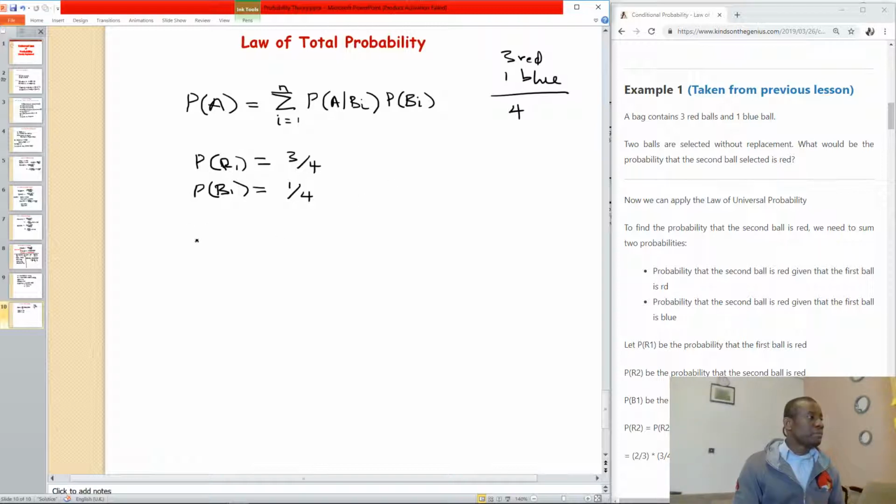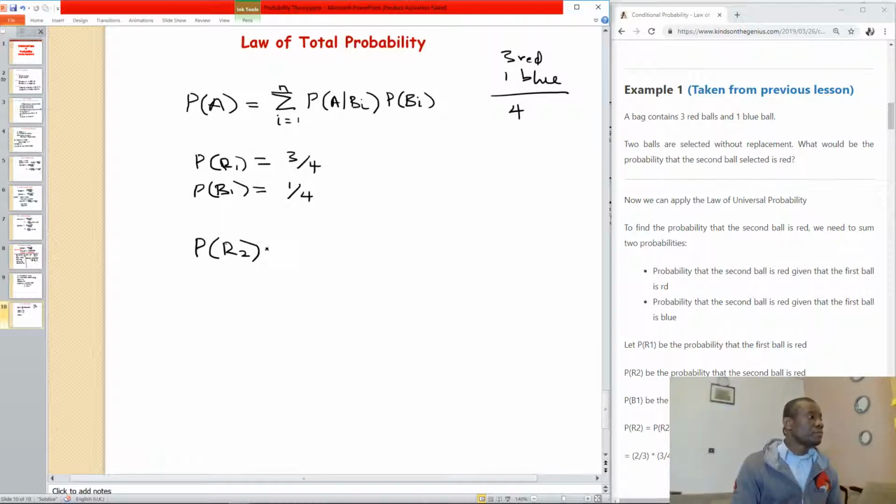And that is the probability that the second ball is red, R2. And we are saying that we need to sum the probability that the first ball is red, the conditional probability that the second ball is red given that the first ball is red, and the probability that the second ball is red, given that the first ball is blue.